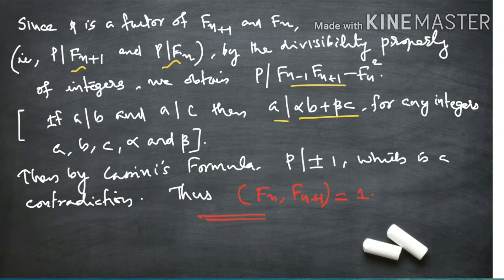This is because in the beginning we assumed, by our hypothesis, that the two arbitrary consecutive numbers Fn and Fn plus 1 have a common divisor. That was wrong. So any two consecutive Fibonacci numbers are relatively prime.